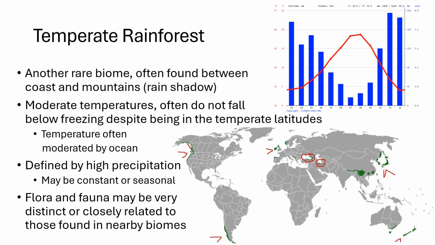Even up here in the further north regions of the temperate rainforest in southeast Alaska, like around Juneau, it'll get below freezing, but it's not as cold as similar places at the same latitude that are more inland because you have that buffering effect of the ocean out on the coast. Okay, that coast is what's providing all the water, and you typically have a rain shadow, which is what you have in these ones that are in more Central Asia.